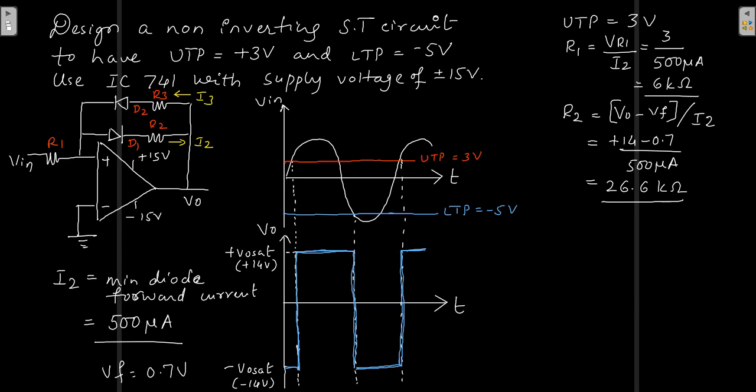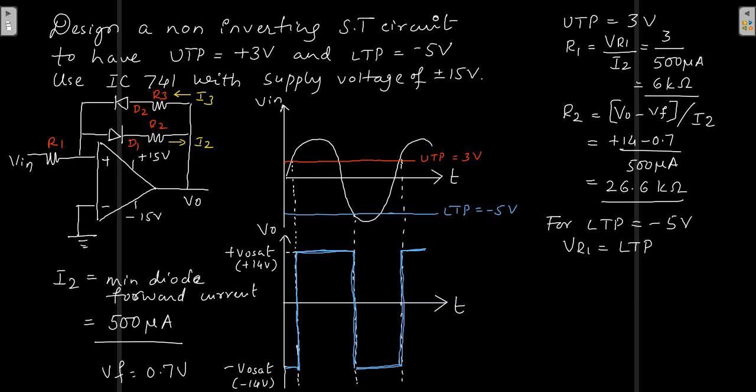But now we are interested in the LTP part. UTP part is very clear to us, right? Because if you don't consider this part, your circuit would have been the same as what we discussed earlier. But now we have to look into the LTP part, which is equal to minus 5 volt. So your VR1 is also equal to LTP.